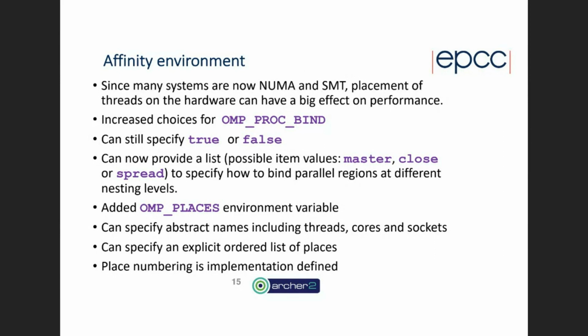So you can specify a particular set of cores that you want your threads to be bound to. The way the places are numbered, so the way cores or hyperthreads are numbered, is implementation defined, so you have to look up the compiler documentation to figure out how that's done.